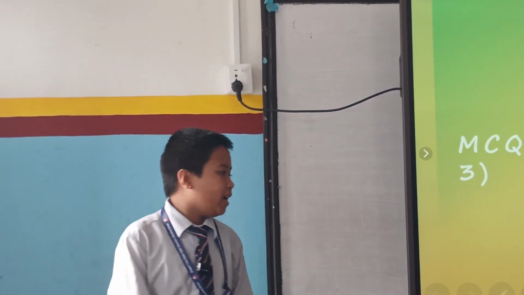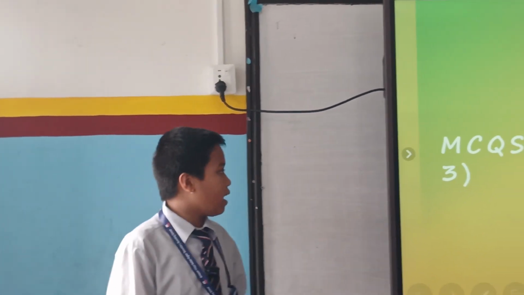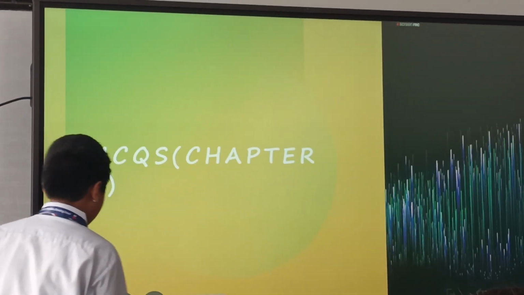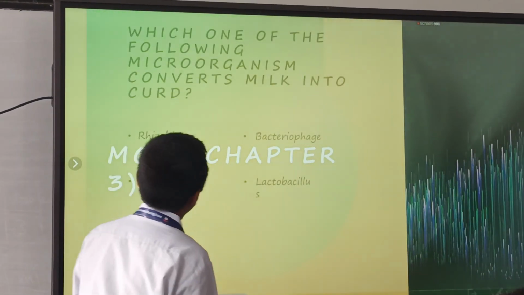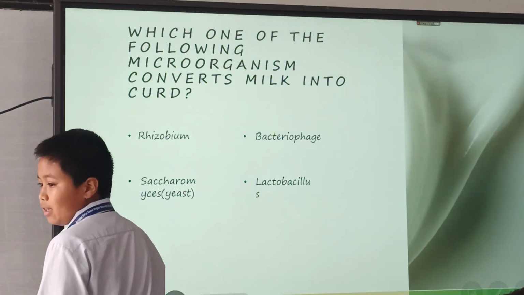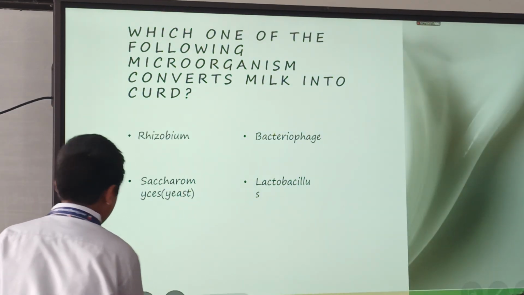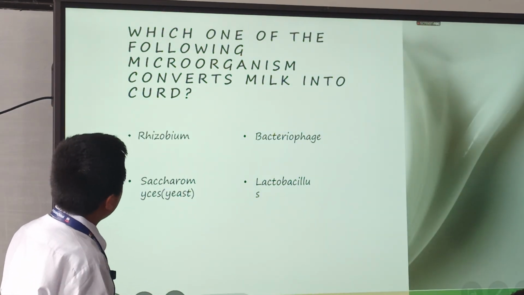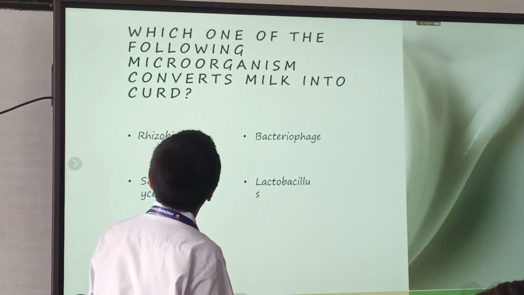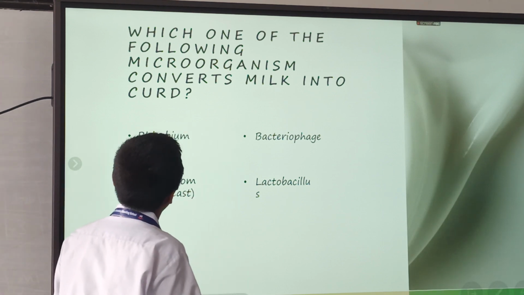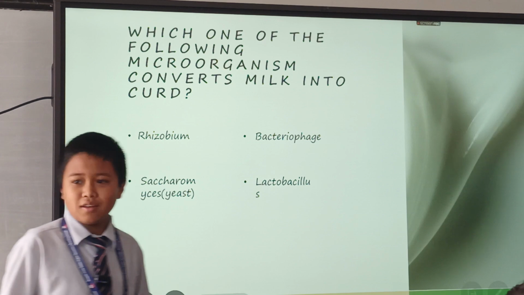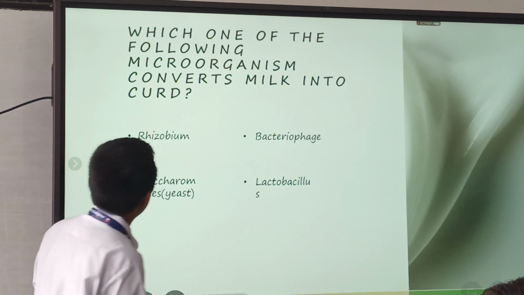I am a member of Group A and I am going to present Chapter 3 MCQs, and I would like to start my talk. It has 6 questions. Which one of the following microorganisms converts milk into curd?